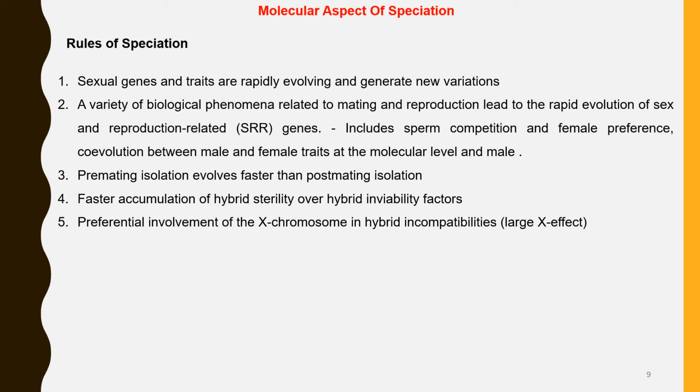Pre-mating isolation is found to evolve faster than post-mating isolation. Accumulation of hybrid sterility over hybrid inviability factors is seen. There is always preferential involvement of X chromosomes in hybrid incompatibilities.